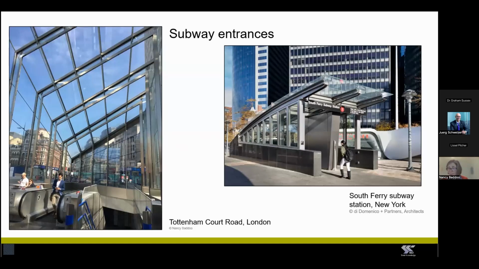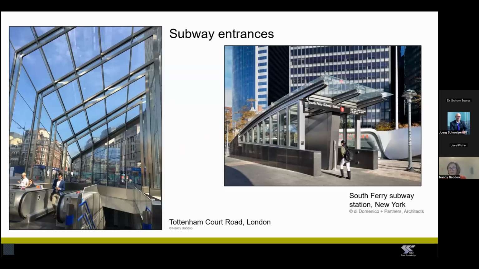This is a very common application of stainless steel, from rather straightforward glass steel structures, as I've shown here in Tottenham Court Road, the entrance to the underground there. But a more interesting subway entrance I'm showing on the right is South Ferry subway station in New York.